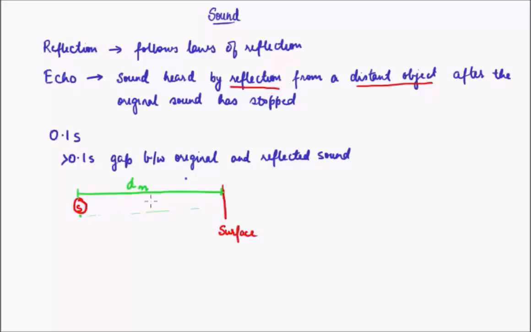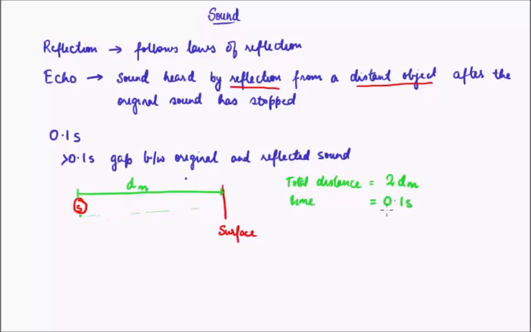So basically the sound will have to travel 2 dm. So if the surface is at a distance dm, then the total distance to be traveled is 2 dm, and the minimum time can be 0.1 second.